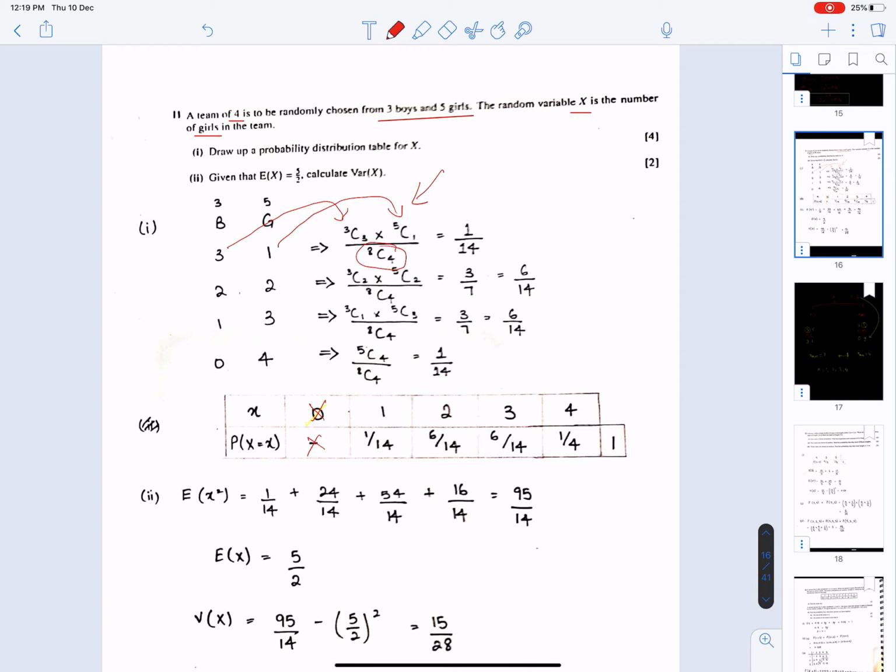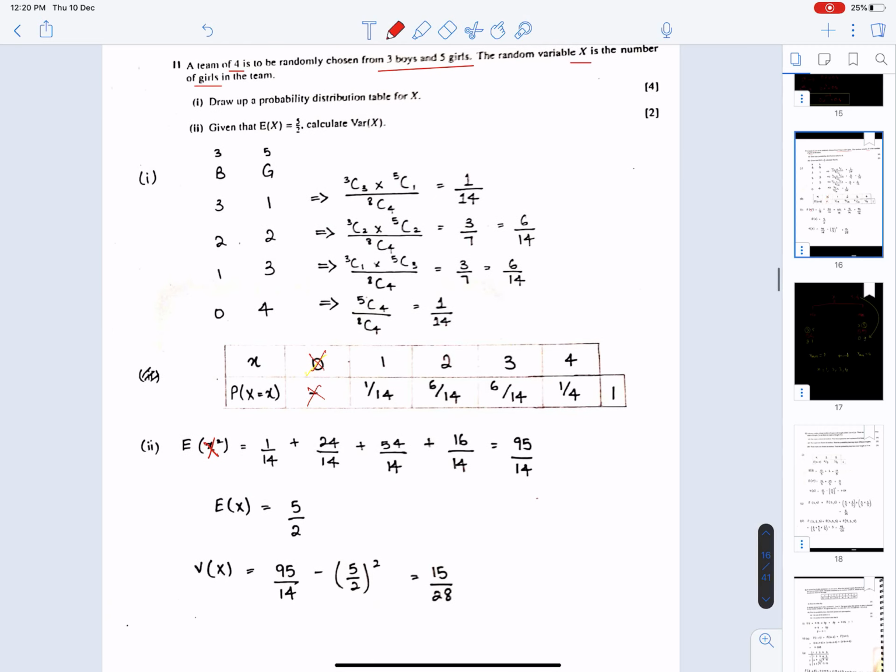Again, you need to watch lecture 1 of this chapter on YouTube to understand the concepts in detail. We use combination when the events are random and without replacement. This x is capital, and you know how to get mean and variance.